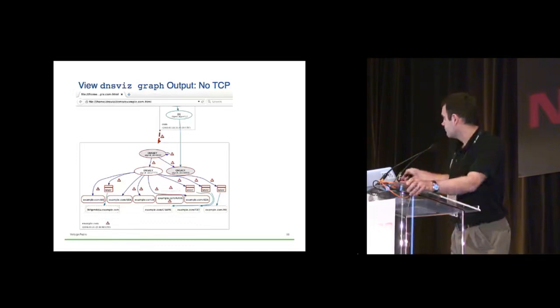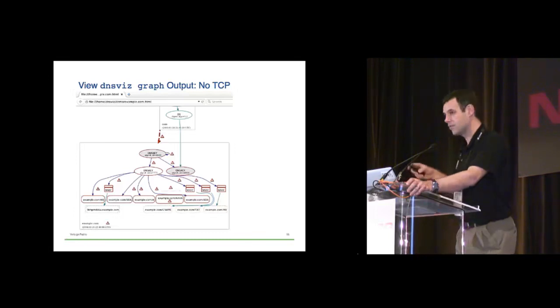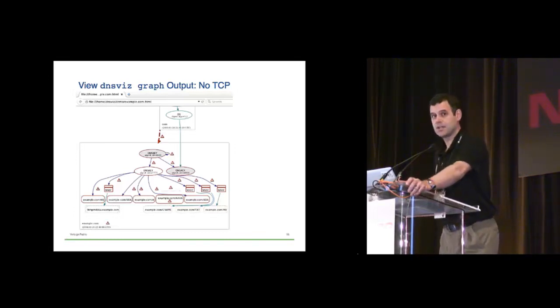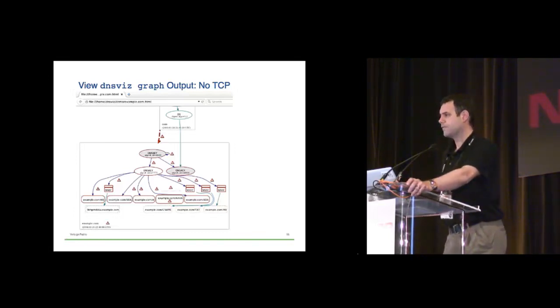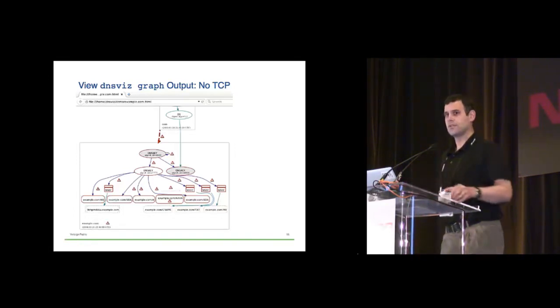So if you look over here, you'll see a little grayed out example.com SOA test that it did looking for TCP connectivity and a little warning icon above it. And if you hover over it, it'll tell you that it timed out or was refused. Your connection was refused because that's what we told it to do from SLD1. Okay?